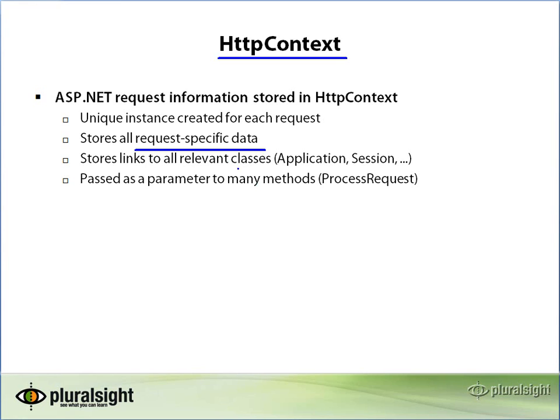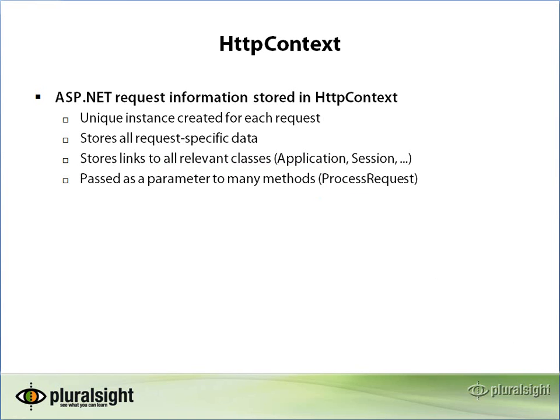So that's where we'll go reaching for them. It also stores links to all the relevant classes for you. So the application, the session, pretty much anything you'd want to do or inspect with respect to the request is going to be there. And it's passed as a parameter to a bunch of methods, the most notable of which is the process request method of the HttpContext handler interface. Since that's the method to process a request, you're going to need the context to do it.